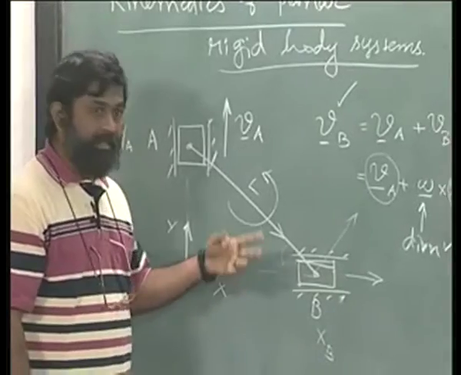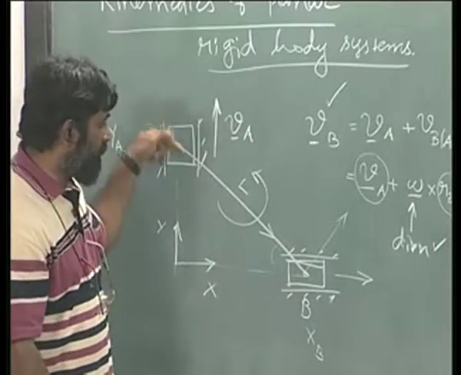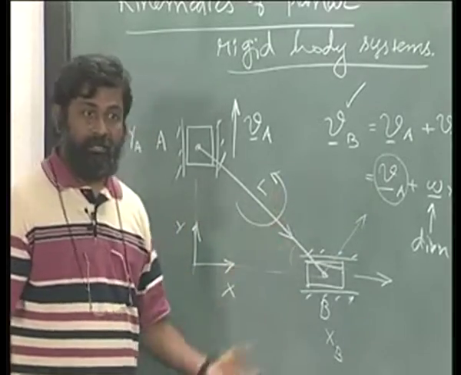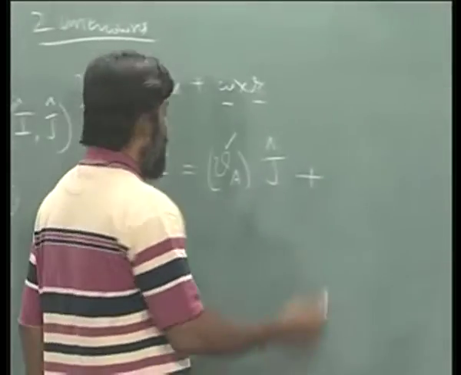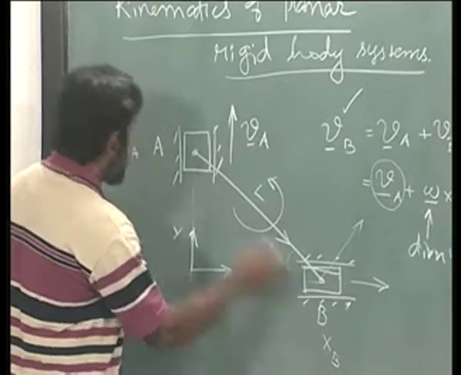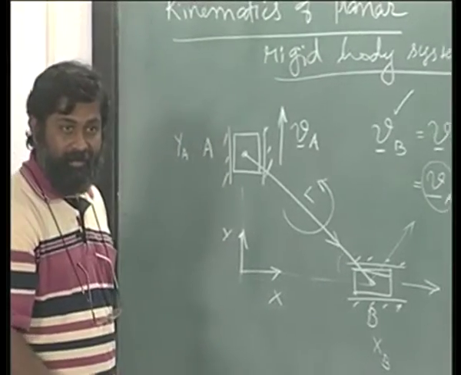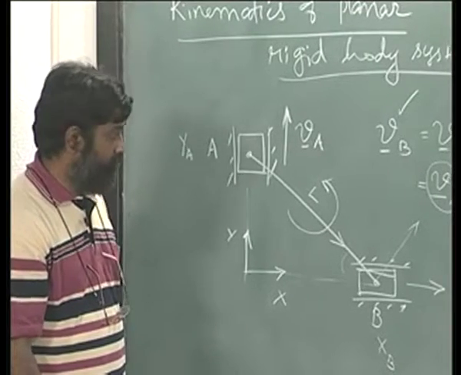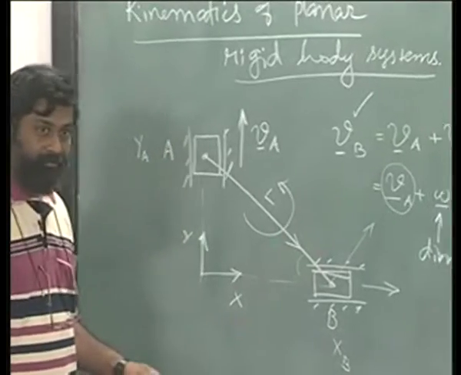Do I know this direction? The answer is yes, because I know this direction and I know k direction, which means this direction is known. So let us assume in this particular case, if this is xb and this is ya, what will be this direction?